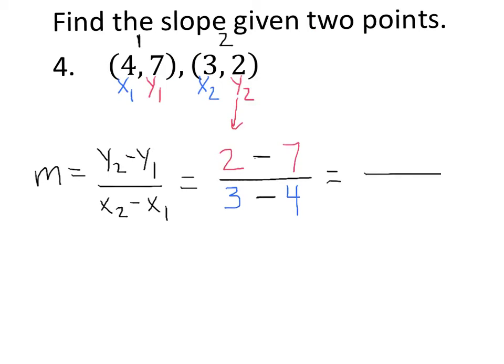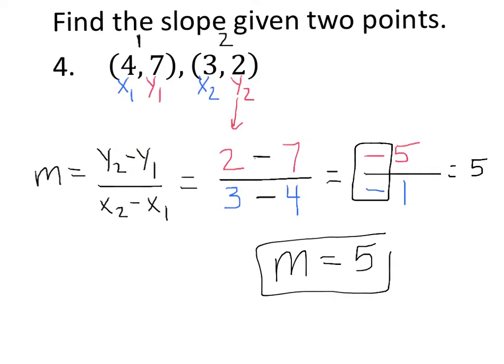We can say that 2 minus 7 is a negative 5, and we can say that 3 minus 4 is a negative 1. Now, anytime that you have a negative divided by a negative, that changes to a positive. So this is actually going to become a positive 5. So we say that our slope is m equals 5.